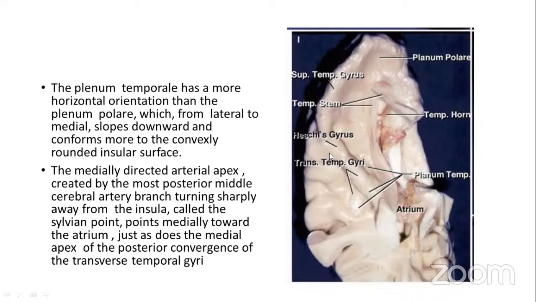And on the top, on the lateral edge, we have the facial gyrus that forms the opercular surface of the Sylvian fissure. And we have the transverse temporal gyri and the planum temporale. Here we can see the atrium of the lateral ventricle. This dissection is done from the top, in which we have removed the frontal lobes in order to expose the Sylvian surface of the temporal lobe.